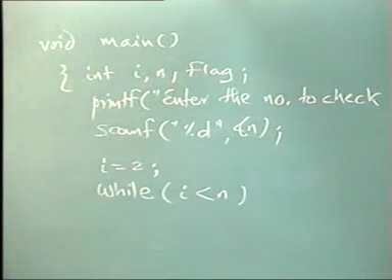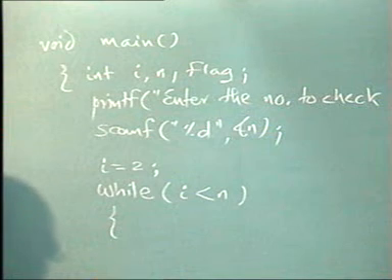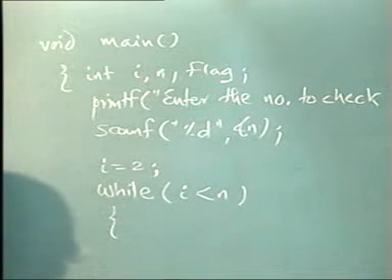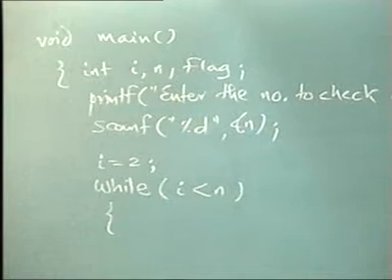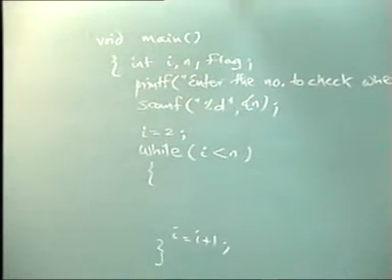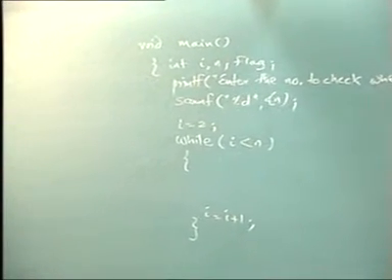Obviously, being a loop, I will have to have I equal to I plus 1 somewhere for the safe exit. So when I say from 2 to n minus 1, I have done the necessary job over there.